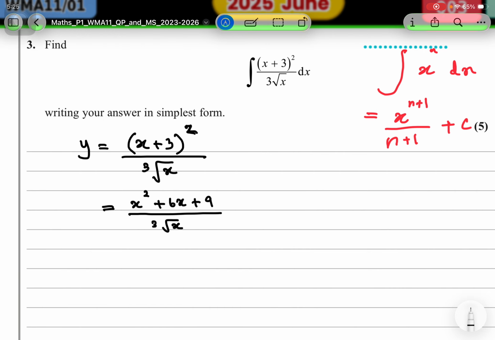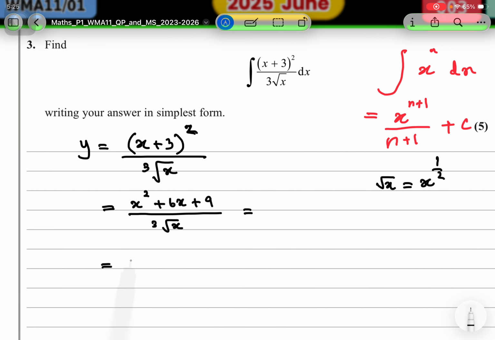Now you can do the division for every term. We know root x is x to the power half.